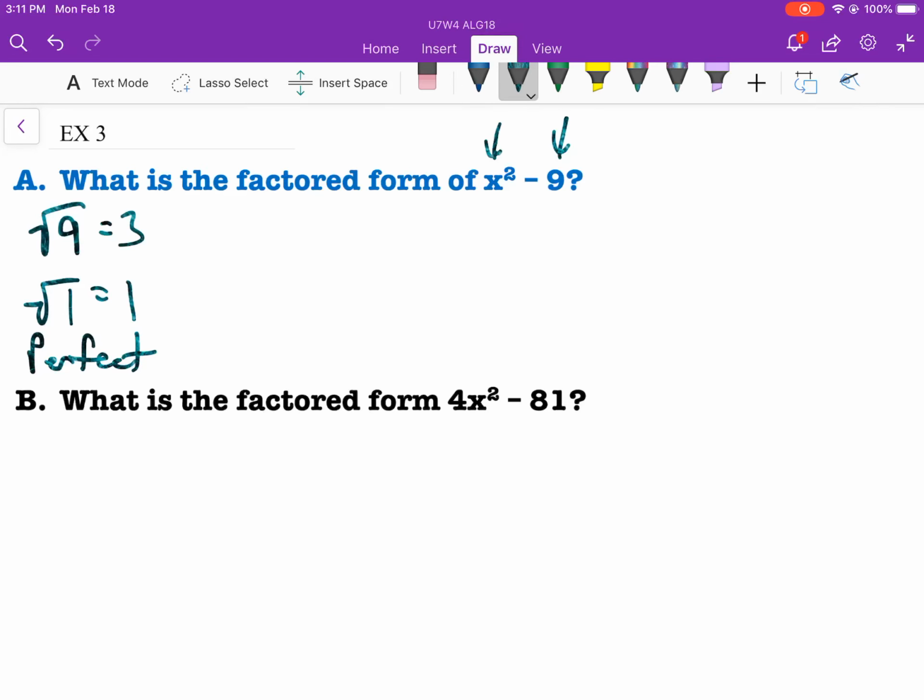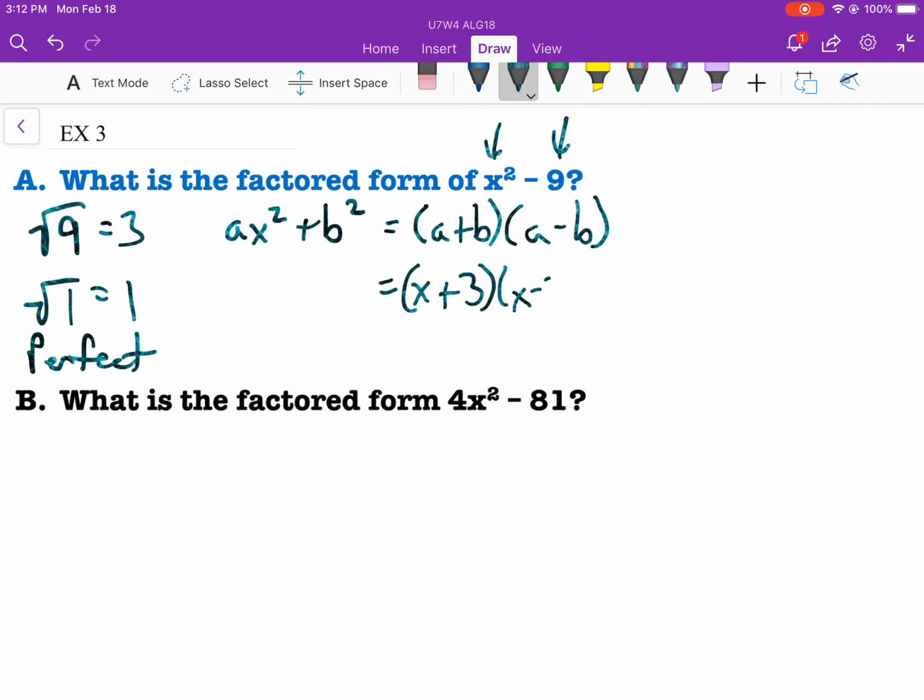So, if you remember, if we have a squared minus b squared, that is equal to a plus b, a minus b. So then ours is equal to x plus 3, x minus 3.